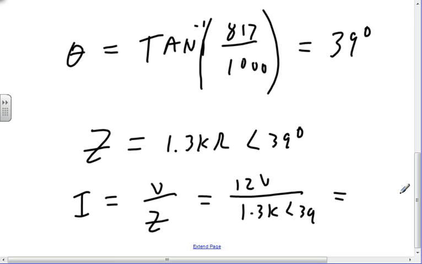112 divided by 1.3K. Oh, I don't know. 930. 920 microamps angle minus 39. When I'm positive and I'm dividing, it becomes negative on top.